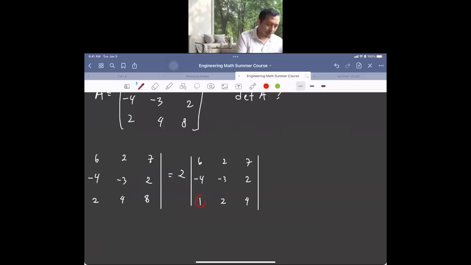And then I will move this one here, so I will make 1, 1, 1 in the diagonal. So we take 1, 2, 4.